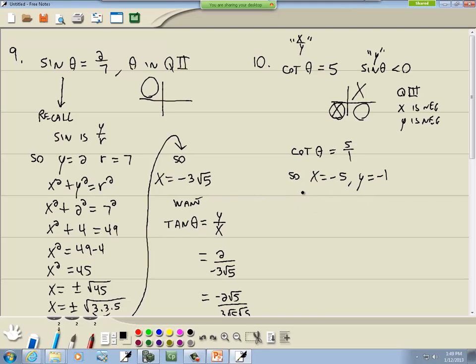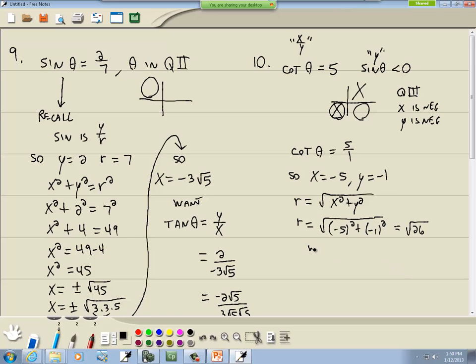Now we need r, so let's find r. We've got a formula that works out best for this. r is equal to the square root of x squared plus y squared. So the square root of negative 5 squared plus negative 1 squared, which gives us the square root of 26.